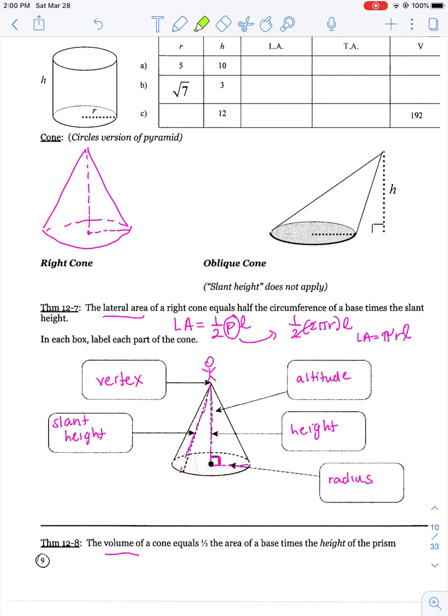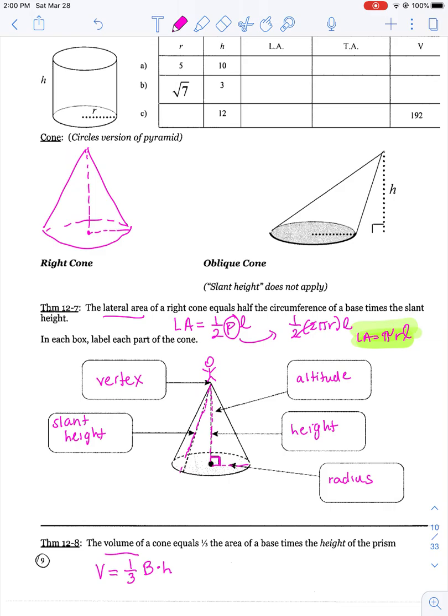Let's highlight that as an important formula for this section. The other formula we'll look at for cones is volume. For a pyramid, we saw that the volume was a third of that of a prism: one third times capital B, the area of the base, times H, the height.